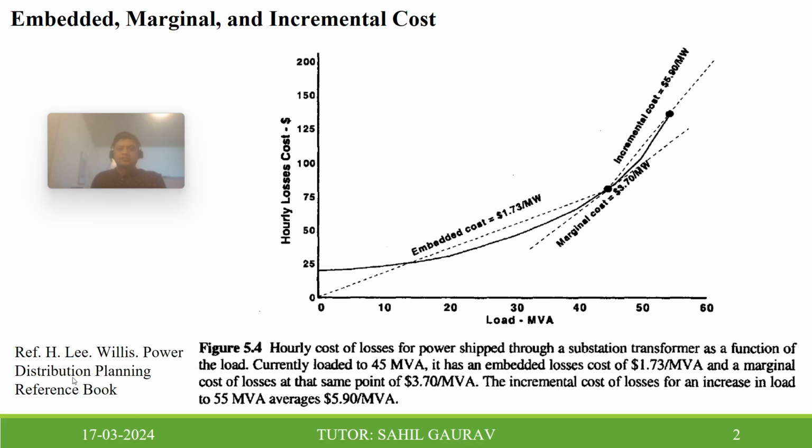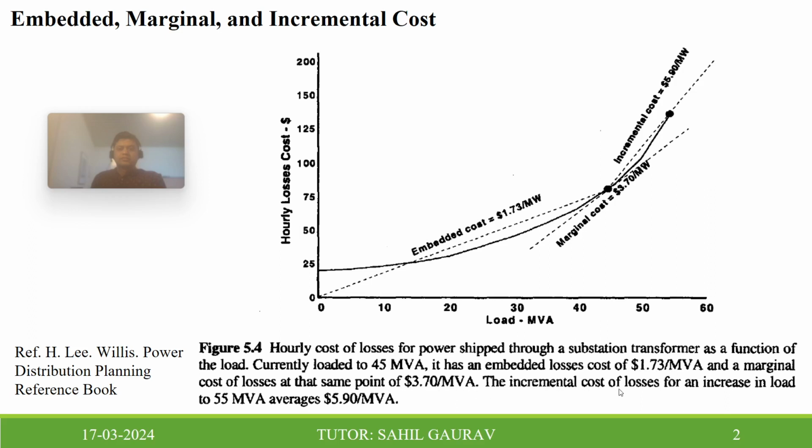This is from the book Power Distribution Planning by H. Lee Willis, and the figure shown here is for the hourly cost of losses for power shipped through a substation transformer as a function of the load. Currently loaded to 45 MVA, it has embedded losses of $1.73 per MVA and a marginal cost of losses at the same point of 3.70 per MVA.